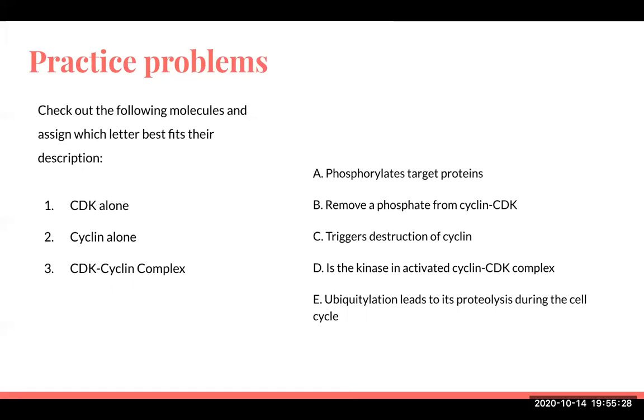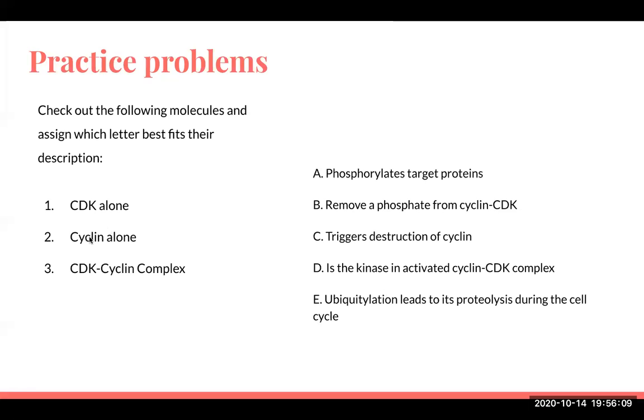Can 2 also be C? I don't know if cyclin itself triggers destruction of cyclin. There are different proteins responsible for the detection of cyclin concentrations. So when the cell detects that there's too much cyclin B and we're moving on from this particular phase, it will, well, no, actually no. The cyclin doesn't implode on itself, but there are regulatory proteins that are responsible for sequestering that cyclin that's no longer relevant to the proteasome to be destroyed.